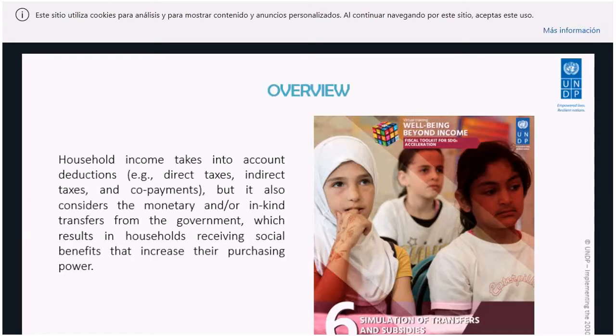In operationalizing the technique, it's not that complicated. It's just about adding and subtracting.